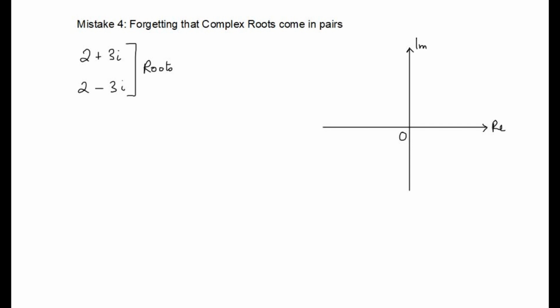So let's say I'm going to mark 2 plus 3i and 2 minus 3i. If this is 2 plus 3i right here, its conjugate pair, or the pair of the complex root, would be here, 2 minus 3i, and vice versa.